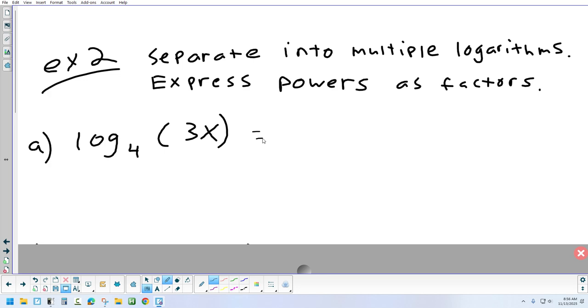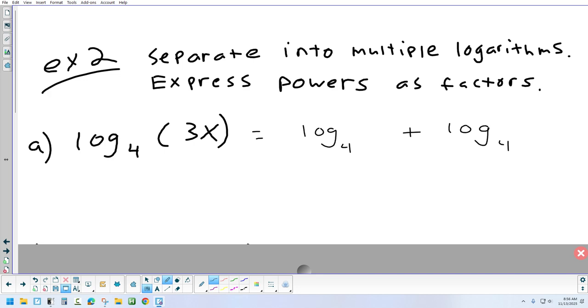How is this log going to split into 2? Will it split as a sum or as a difference? Yep, it's going to be a sum. I'm going to have 2 logs. What's going to be the base on each of my logs? Yep, 4. The base has to stay the same. 4 and 4.